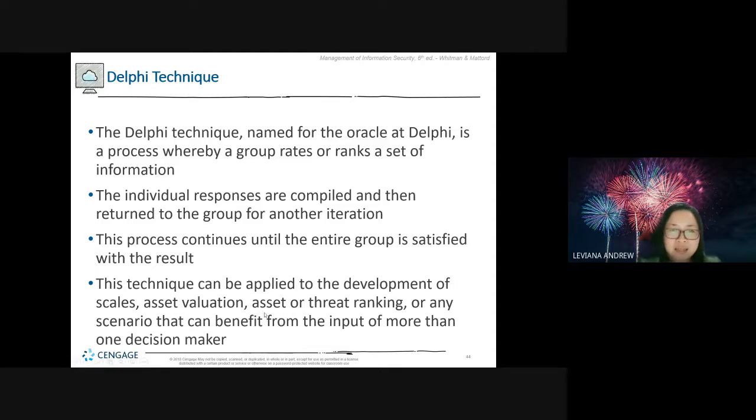Delphi Technique ni beramai-ramai rank the set of information or the threat. Okay, bila ramai sangat rank this threat is high impact, so therefore they will try to put emphasis on that threat because ramai yang vote kan.